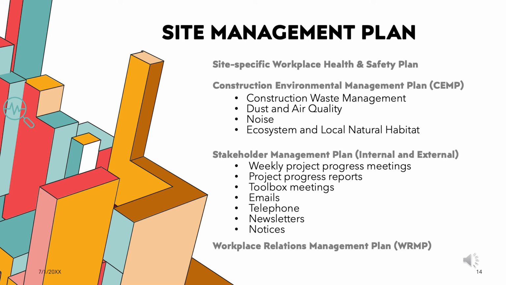The stakeholder management plan will identify stakeholders, propose methods of communication, and determine the project response procedure to accommodate any changes required by the stakeholders. Finally, the workplace relations management plan will outline the method in which the principal contractor plans to manage workplace relations within the construction site.